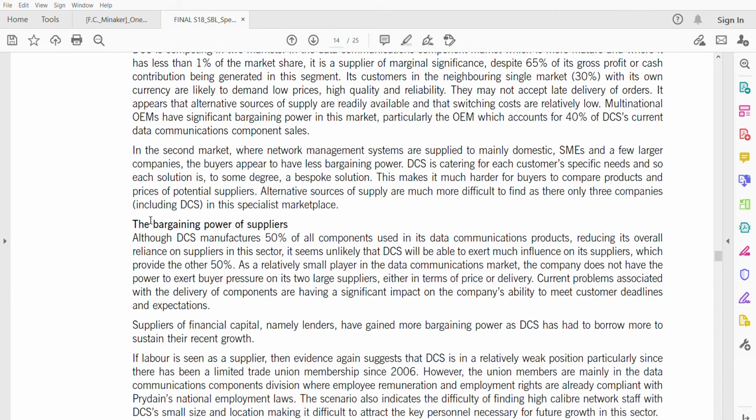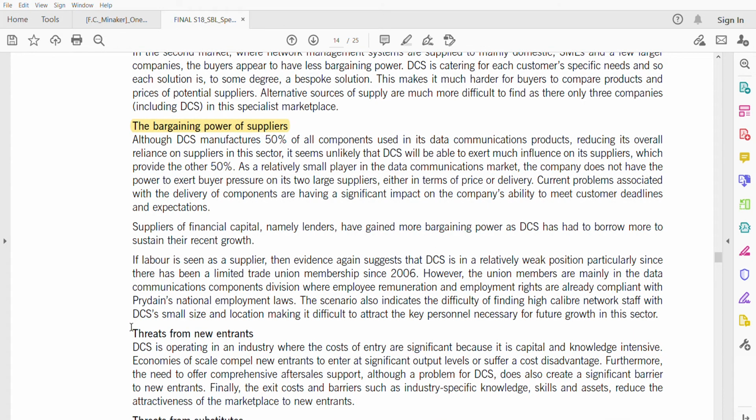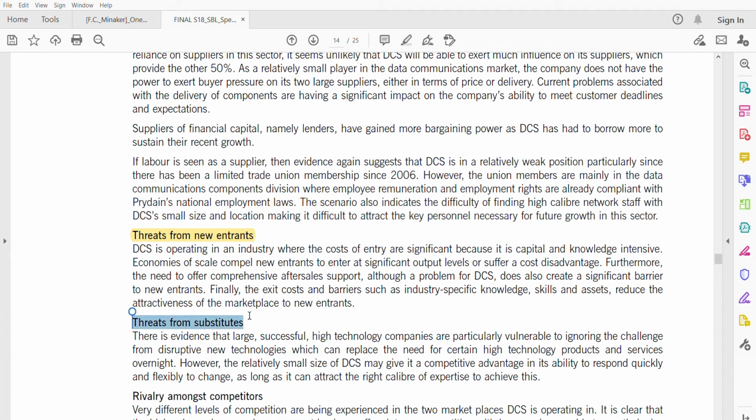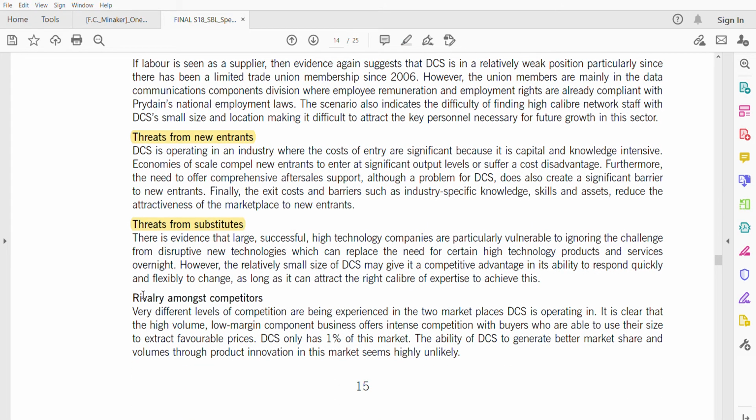Let me highlight these points for you. This is how you have to write it. It was for 15 marks, right? So under each you can write 3 to 4 points.